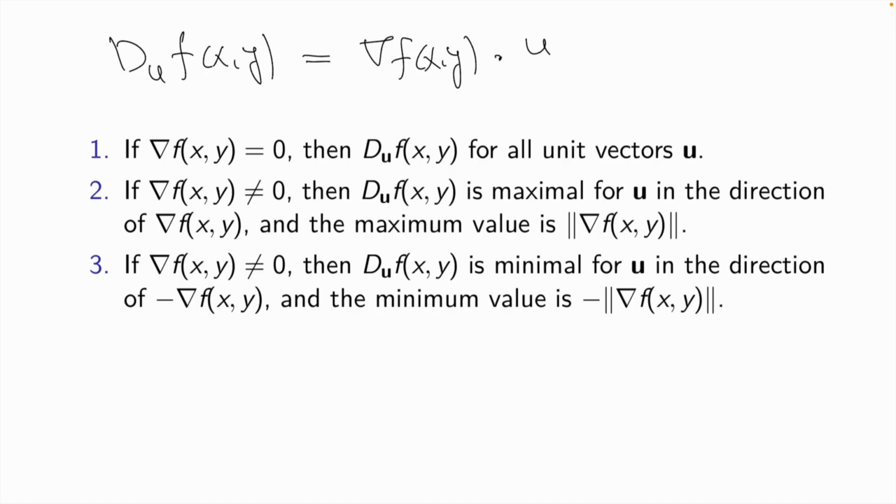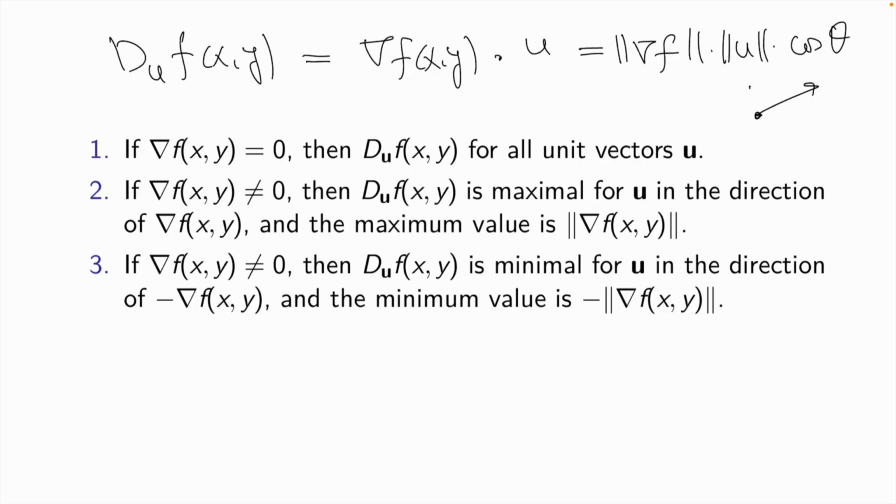Well, we know that the definition of the dot product is the multiplication of the norms of the two vectors times the cosine of the angle that they form. So this is the same thing as the norm of the gradient times the norm of u times the cosine of the angle that they form.